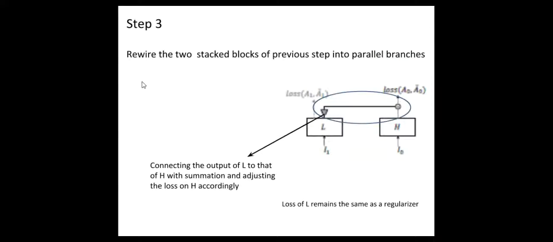A critical transition happens between step 2 and step 3, where we rewire the two stacked blocks into parallel branches by connecting the output of L to that of H with summations and adjusting the loss of H accordingly.